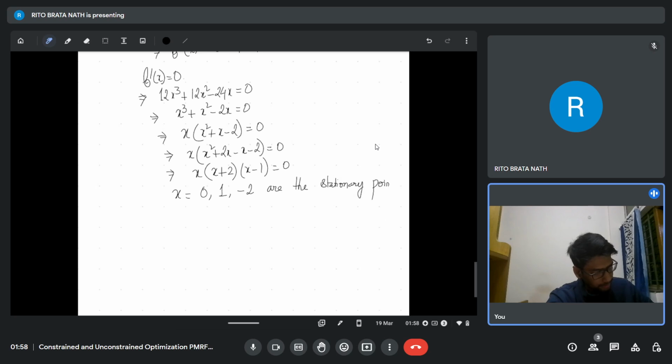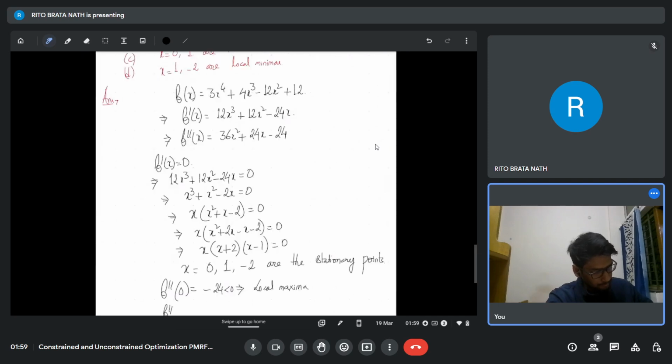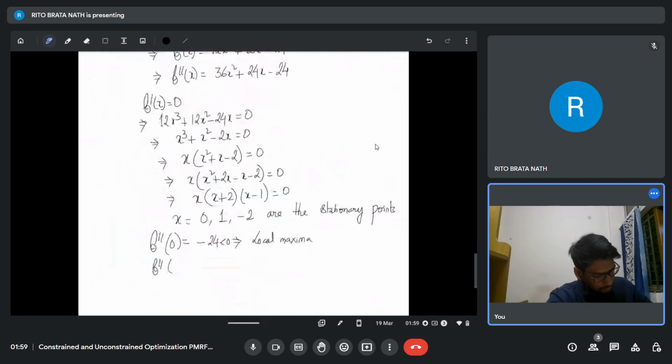Now I have to do the second derivative test. So f double prime 0 is minus 24, which means it's a local maxima because it is less than 0. Then f double prime 1, this is 36 times 1 squared plus 24 times 1 minus 24, which will be 36, which is greater than 0, and that means it's a local minima.